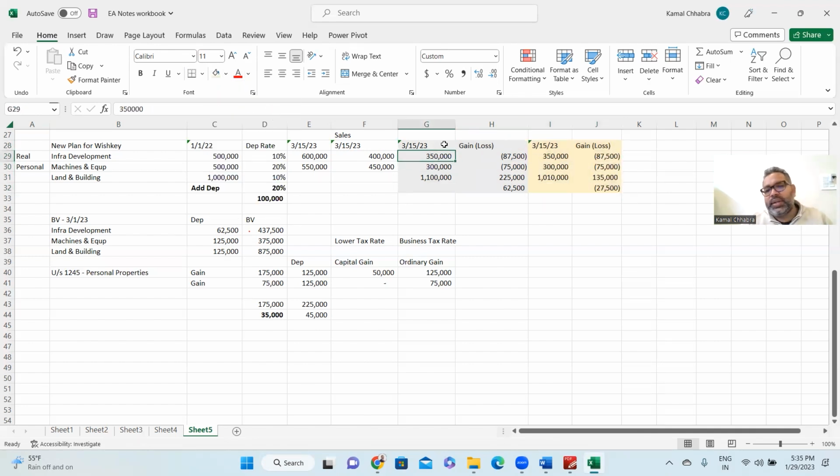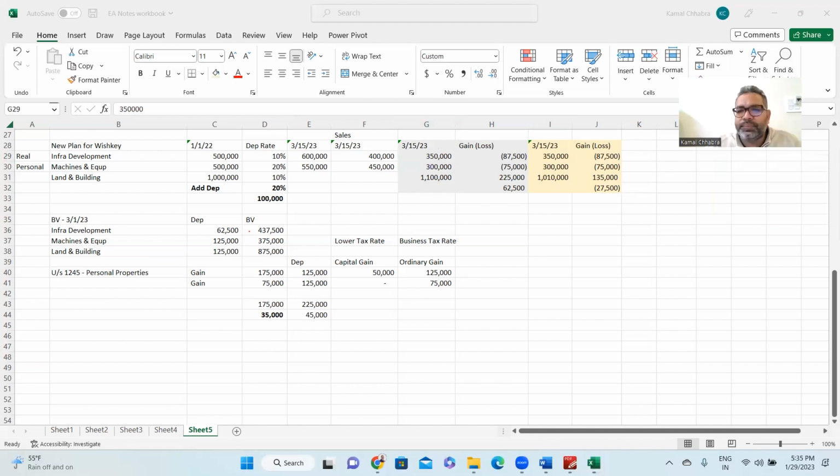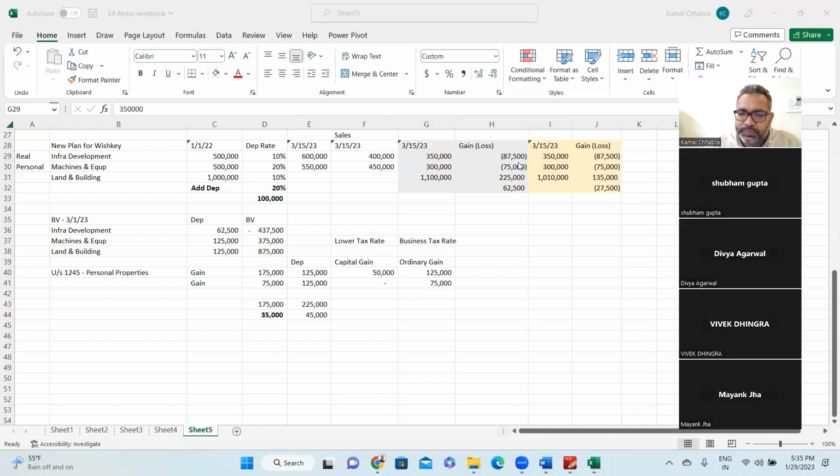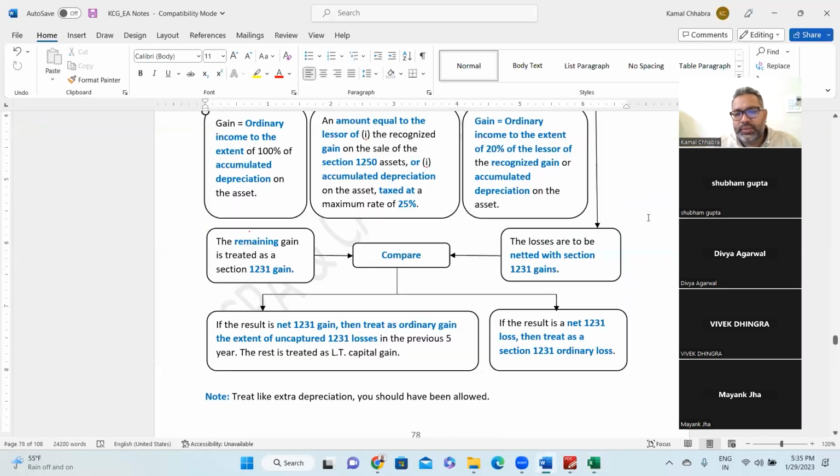Here, the first asset you have sold for $350,000 and your book value was 437.5, so you got a loss of 87,500, right? On another asset you sold for 300,000 and the book value was 375, so you have a loss of 75,000. So here you have two losses. Now look at this.